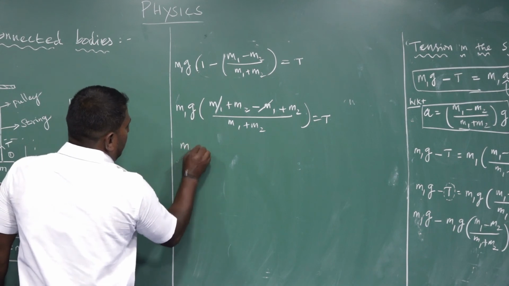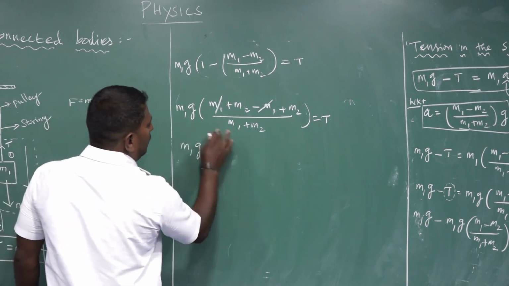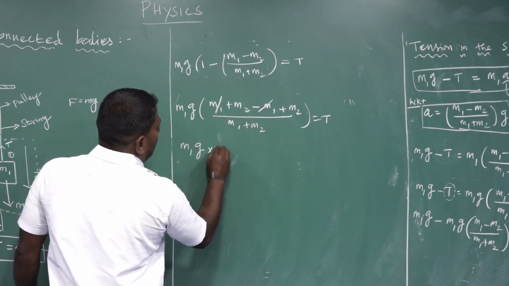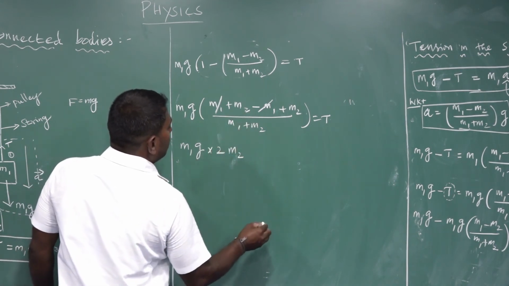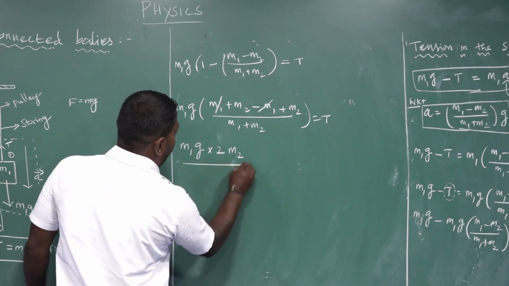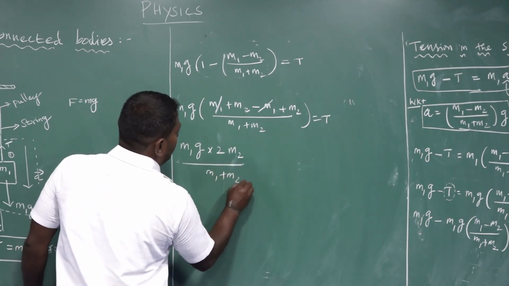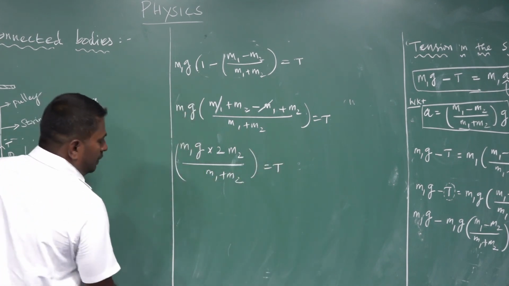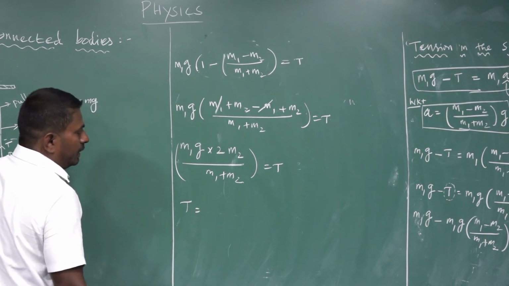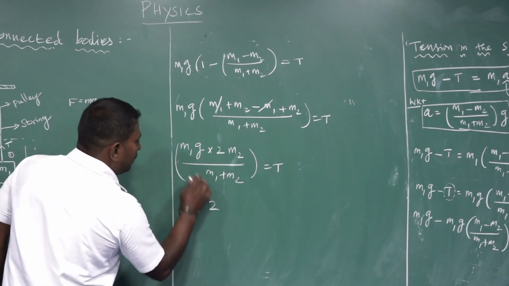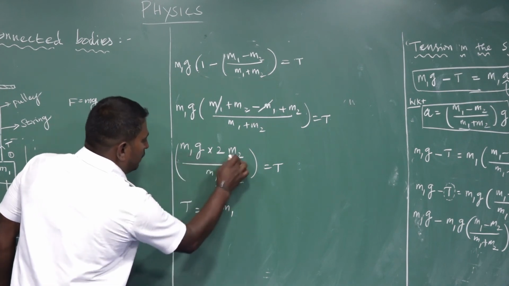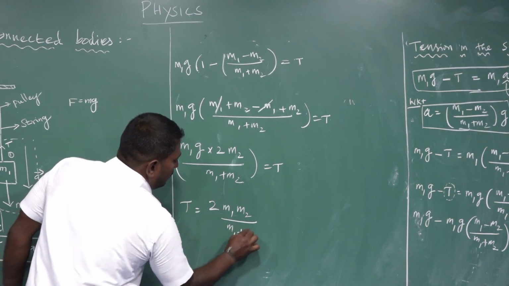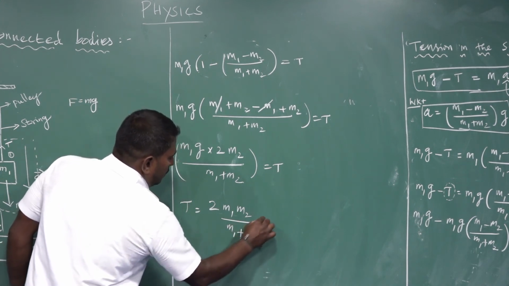Then m1 g into 2 m2 divided by (m1 plus m2) is equal to the tension in the string. So the tension produced in the string is 2 m1 m2 divided by (m1 plus m2) into g.